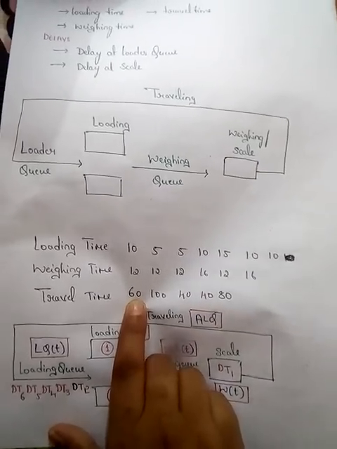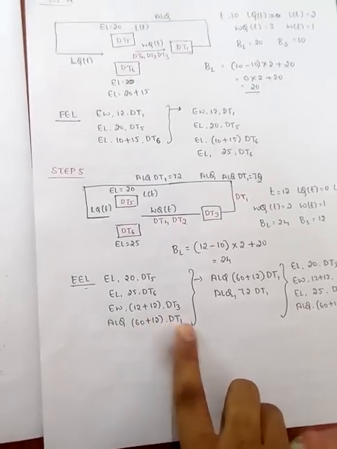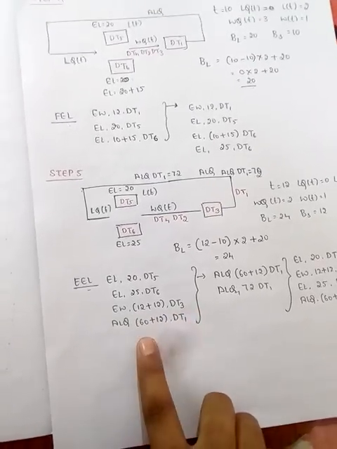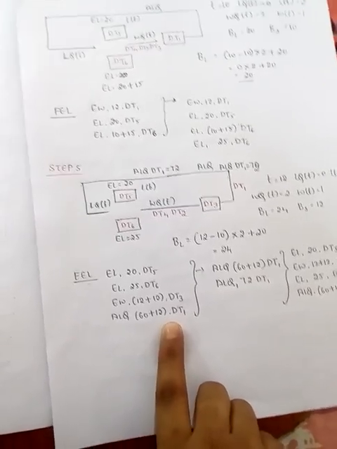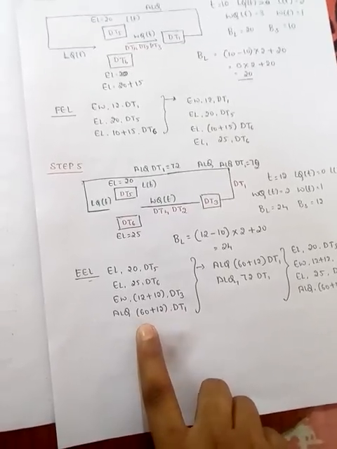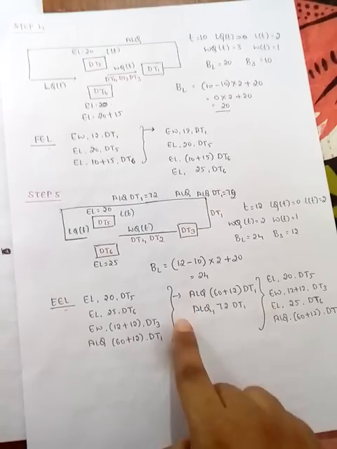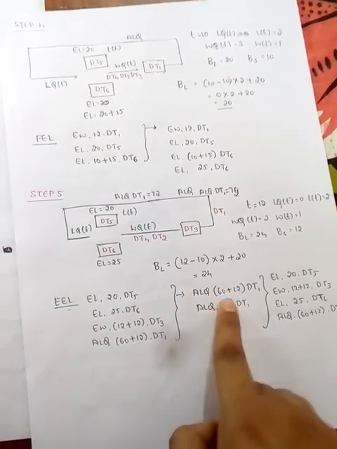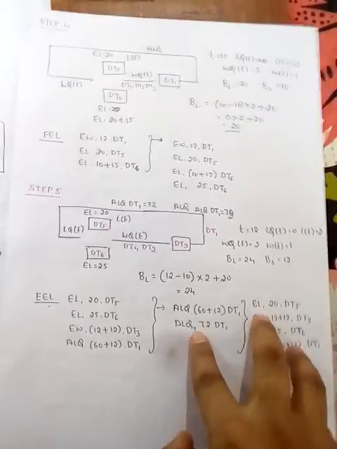So 60 plus 12, DT1. 60 is your traveling time value plus 12 is your weighing time value. So traveling time plus weighing time. So the ALQ is 60 plus 12, DT1. Now your ALQ, 72. 60 plus 12 is 72, DT1.